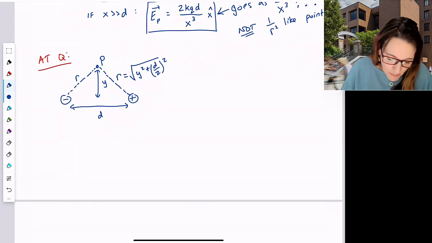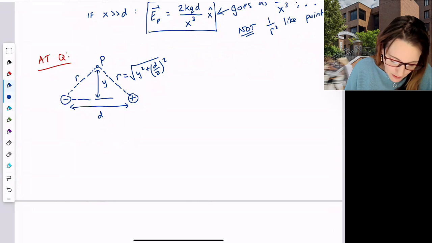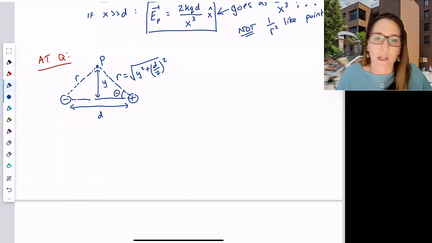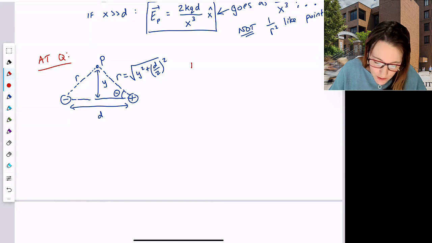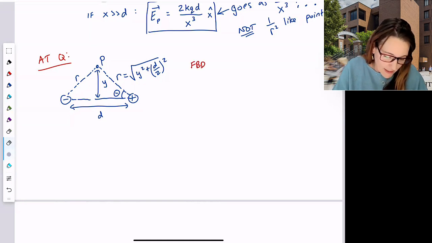I probably also want to define an angle here, theta. This is just like what we did when we added force vectors, where we want to visualize the vectors that we're adding. So now I'm going to draw the free body diagram. I had accidentally called this point P, but now we're looking at point Q.